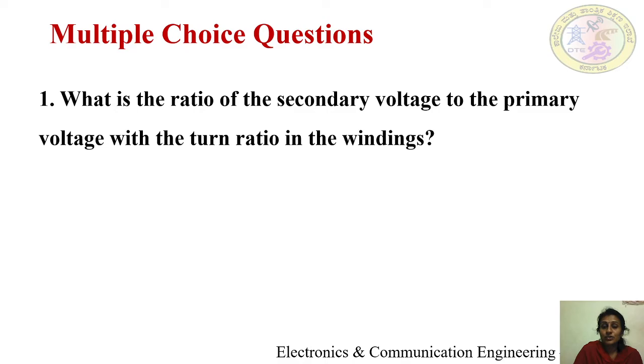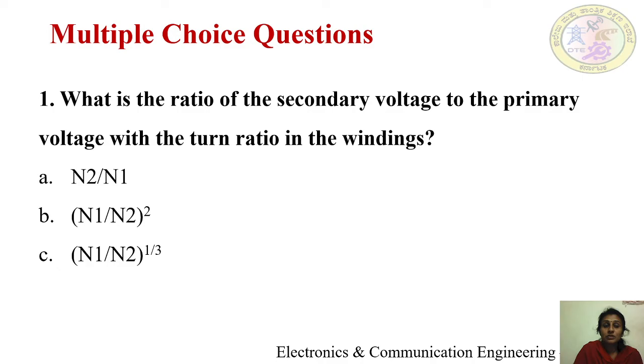Let's see the options given here: N2 by N1, N1 by N2 to the power of 1 by 3, N1 by N2 to the power of 2, N1 into N2. It is the ratio of secondary voltage, that is V2 by V1. As I said, it is directly proportional. So the answer is N2 by N1.